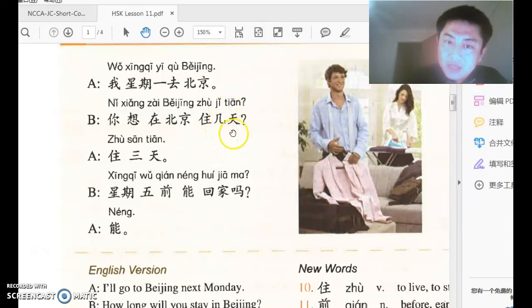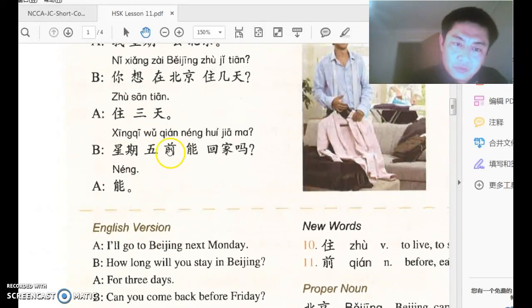Yes, but this time is not a point in time. It is a length of time, or duration. It's not a time when an action happens, but a length of time that the action has lasted or will last. That's why 几天 is used after the word 住. Live for how many days in Beijing? Would like to. 你想在北京住几天? A says 住3天. To live for 3 days.